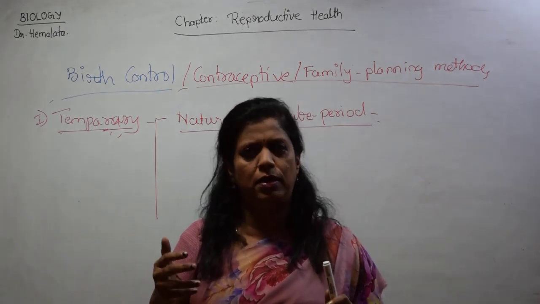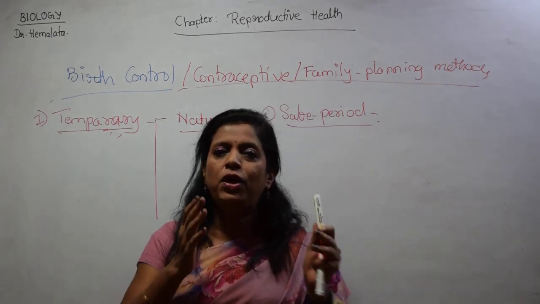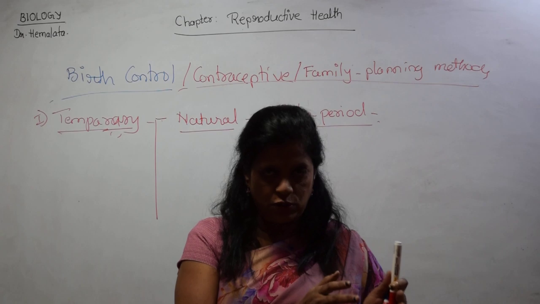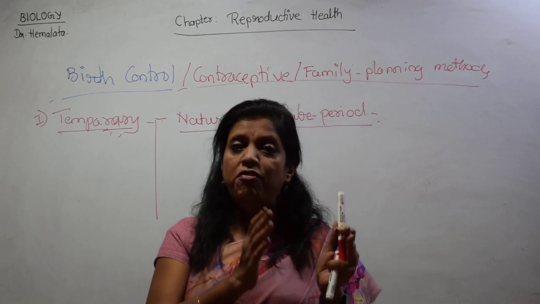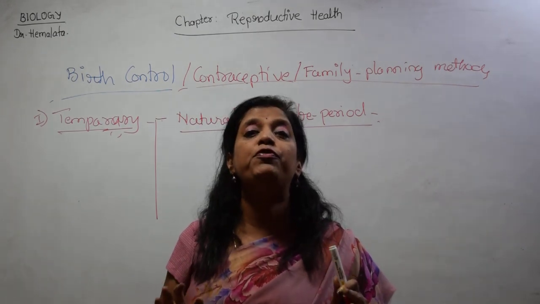It's a very old method followed by a lot of couples because it doesn't require anything. The only thing you have to remember is, after the menstrual cycle, 5 days of bleeding happens, and the first week and the last week are considered the safe period.